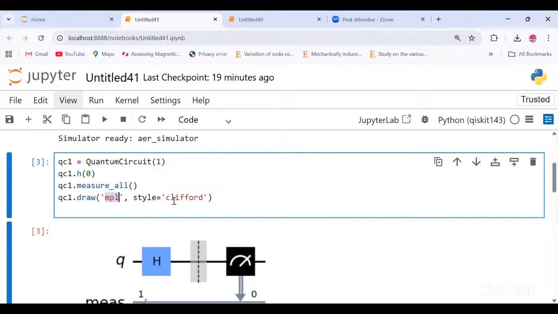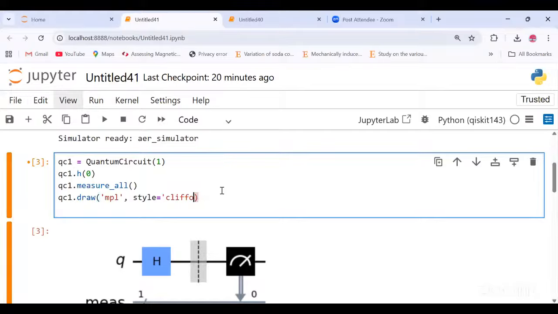Okay. So the style, there are three common styles. Clifford, and two more styles are there. You can write the code, or you cannot write it, no worry. It depends.